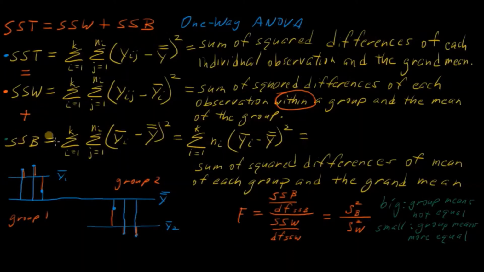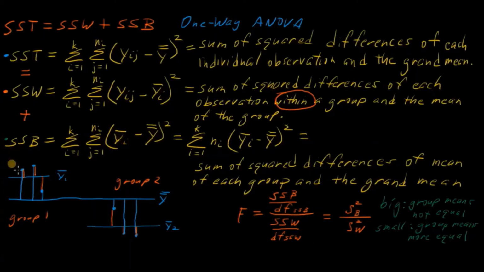Well, what is this? Here this is between. W is within, B stands for between. Within groups, between groups. Within treatment groups, between treatment groups. The way we judge between is we look at the mean of each group and compare it to the grand mean, and that's what's going on here.